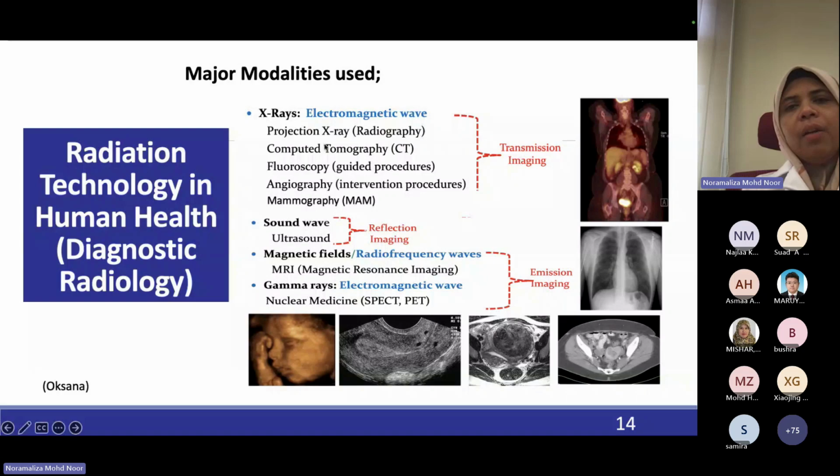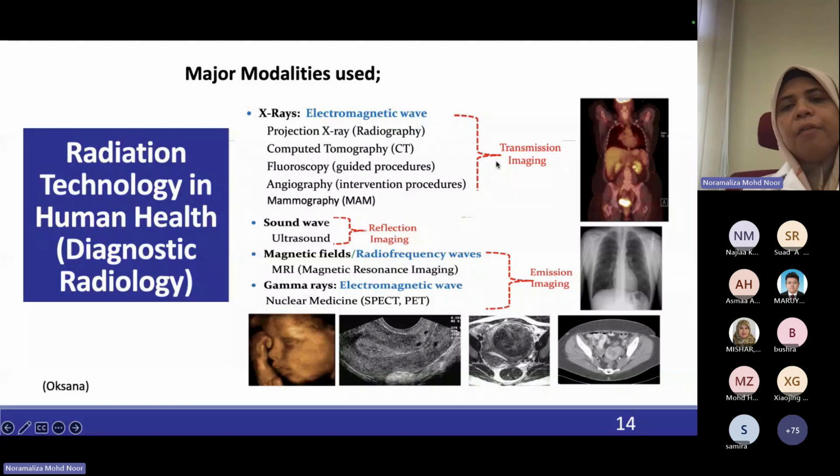All these kinds of modalities, we call transmission imaging, because the way they acquire the radiation and convert it to an image is based on the transmission of X-rays from the X-ray tube, which then interact with the human body. After that, they reach the detector to produce the image. So that's why we call it transmission imaging.